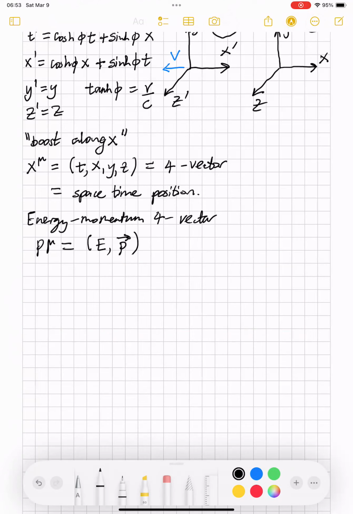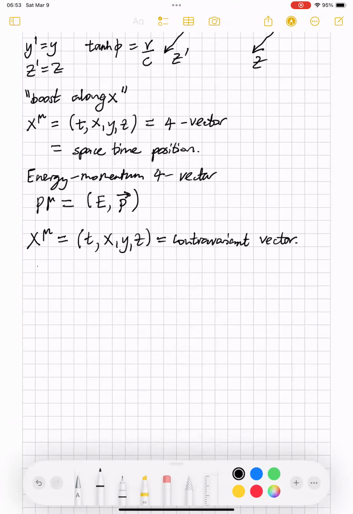When we have a vector with an index up, so this is t, x, y, z, we call this a contravariant vector. And the way that you should think about this is that this index mu can take the values 0, 1, 2, and 3.